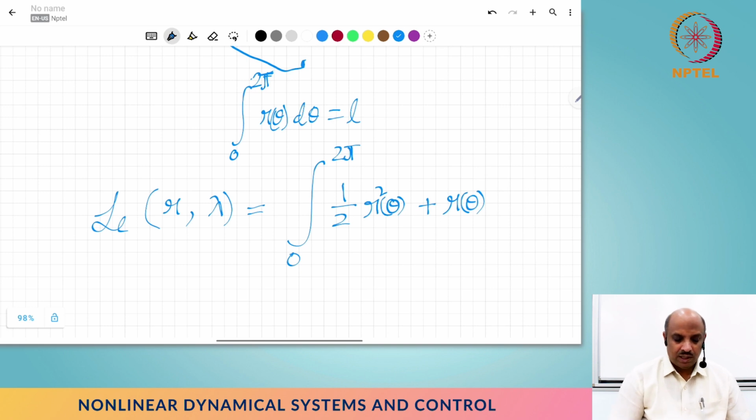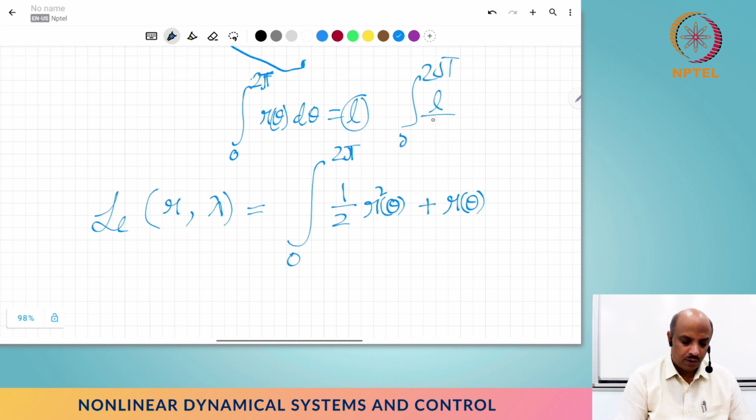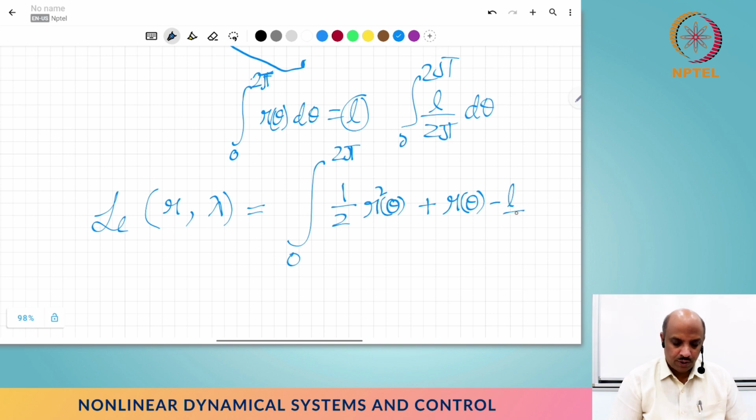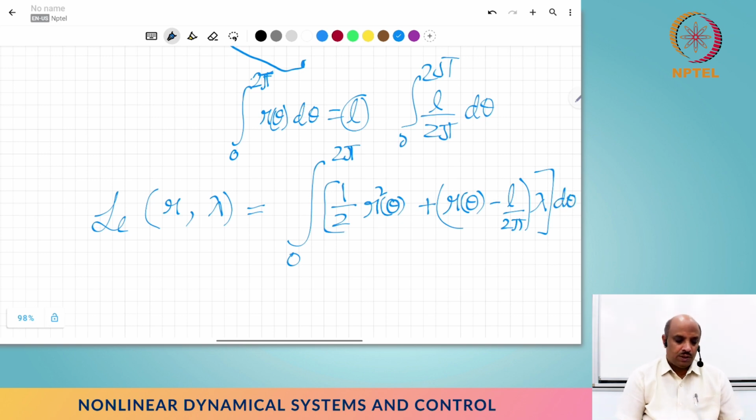Okay, but what about this L? L should also get into the integral, but this can be seen as the integral from 0 to 2 pi of L over 2 pi d theta. So I can write this as L over 2 pi, and this whole thing multiplied by your lambda, the multiplier.